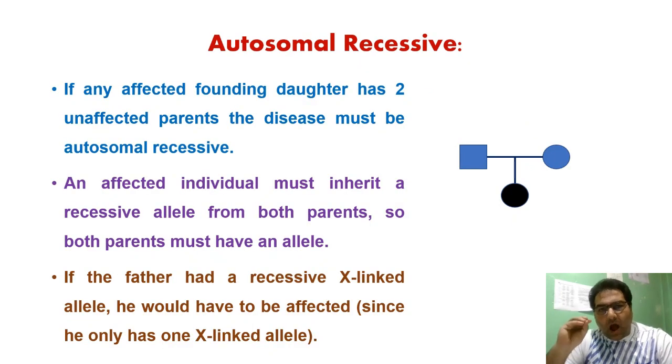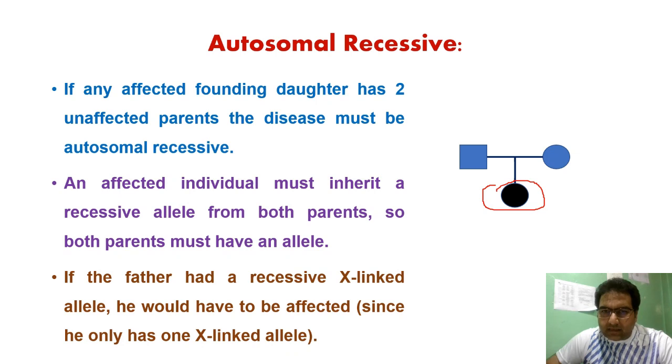Now, how can we find out that this disease is an autosomal recessive disease? When we see here that the affected daughter has two unaffected parents, it is obvious that it is an autosomal recessive disease. Why? Because the affected individual must inherit a recessive allele from both parents.